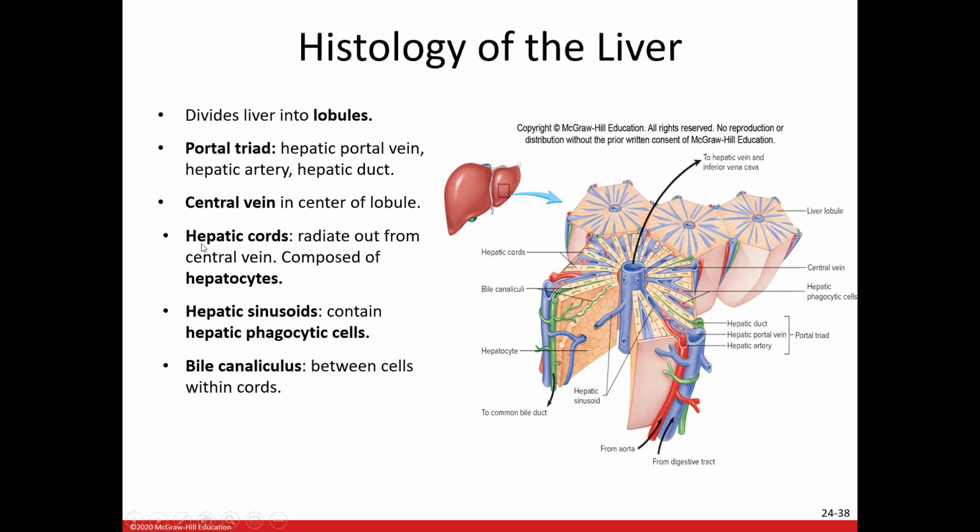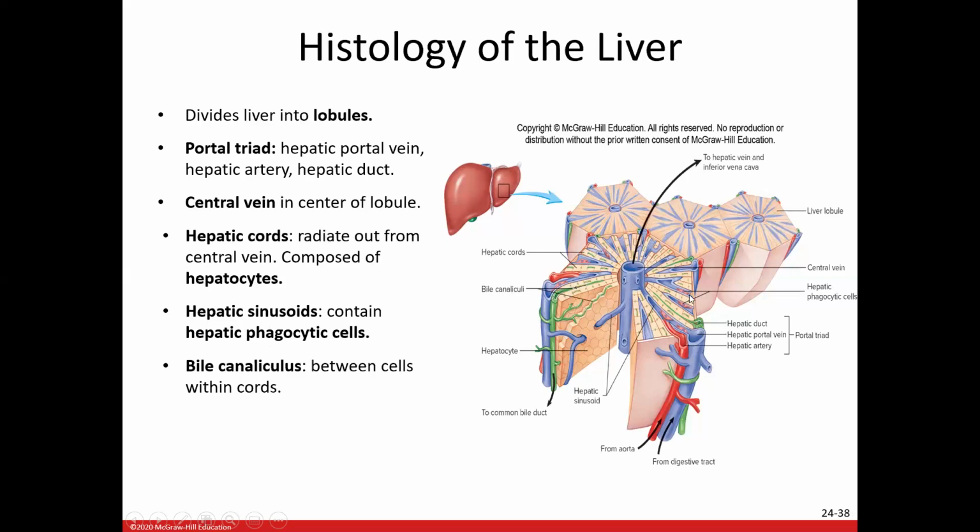You then have what are called hepatic cords. These are these white pieces that are radiating out from the center. These are composed of these smaller hexagons, so hexagons within hexagons. These are called hepatocytes. Your hepatocytes are responsible for actually creating the bile that the liver is going to produce and put in the small intestine. So hepatocytes make the bile. Then you have these other little canals called hepatic sinusoids, what I'm drawing my mouse over right here.